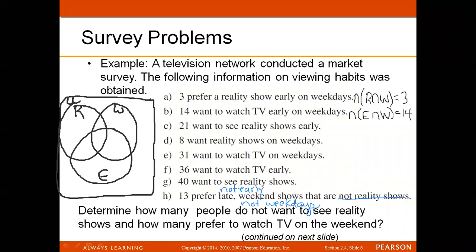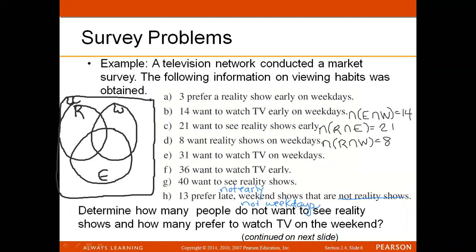21 want to see reality shows early. So the number of people who want reality and early is 21. 8 want reality shows on weekdays. The number who want reality shows on weekdays is 8. That means this top clue is not that one.